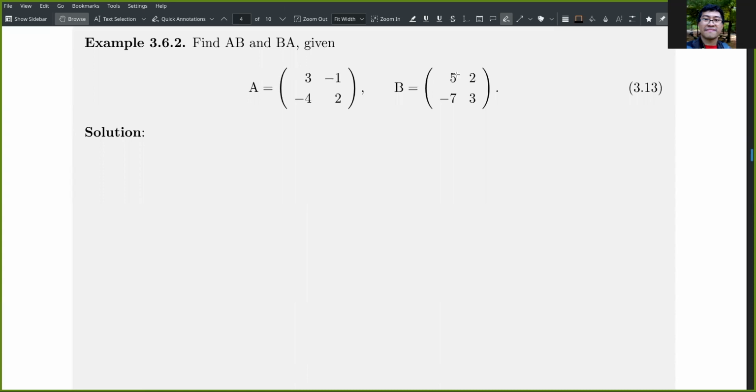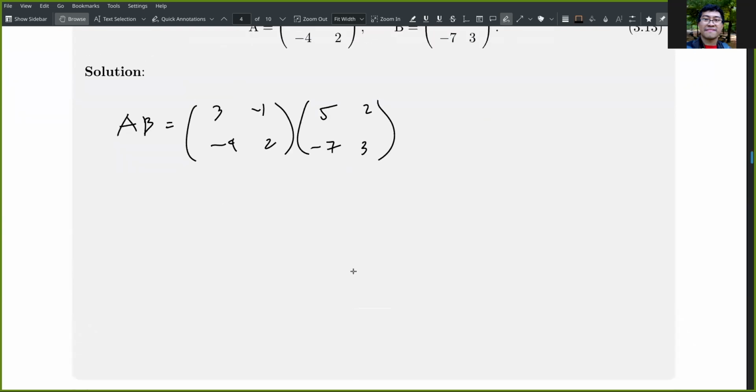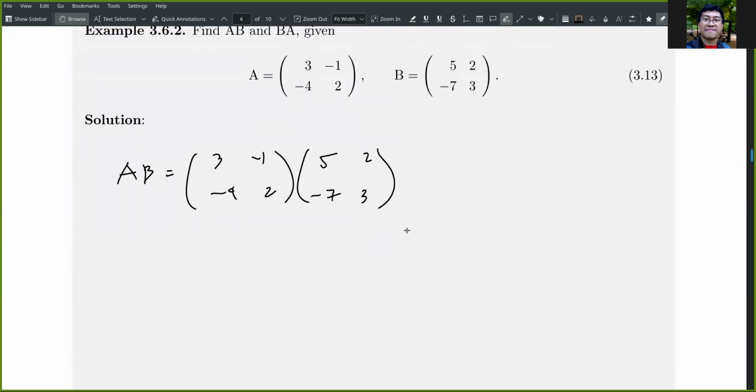So for these square matrices, we want to find AB and BA. So AB is 3, negative 1, negative 4, 2, times 5, 2, negative 7, 3. Okay. So here, this gives us 5 times 3, that's 15.